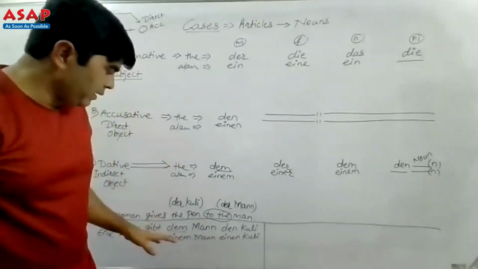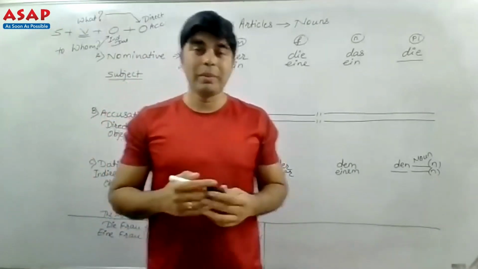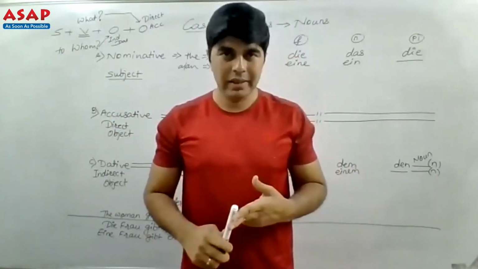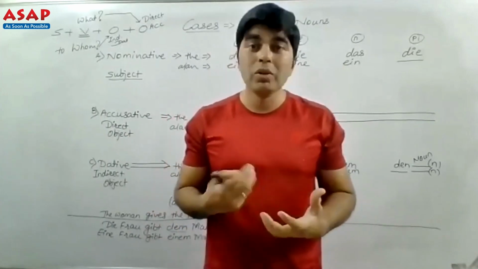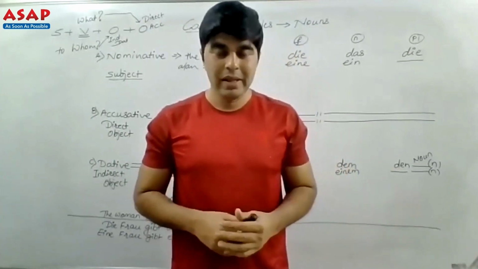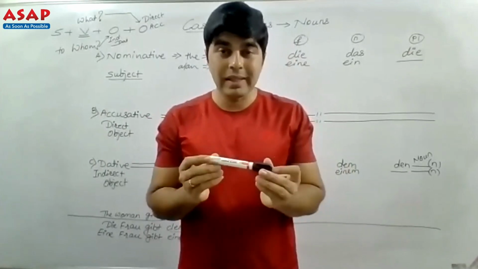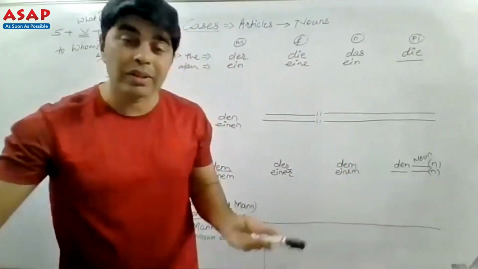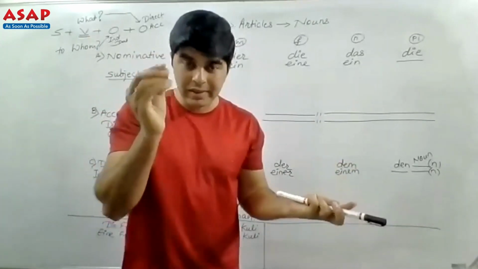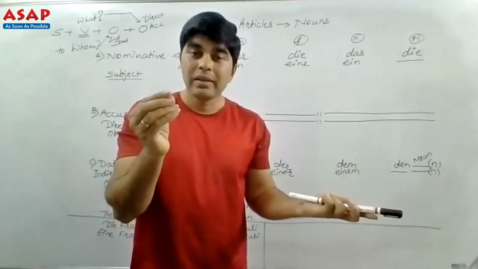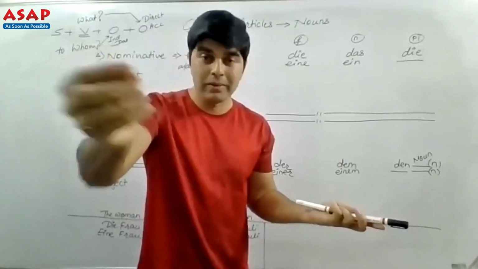So did you notice one thing? There are different ways to remember this part: direct and indirect object in one sentence, or how do you understand if both are humans, like direct and indirect object? In that case, you need to understand direct object and indirect object. For example, I am giving a pen to someone. So first my action is happening on that pen and then to someone, right?